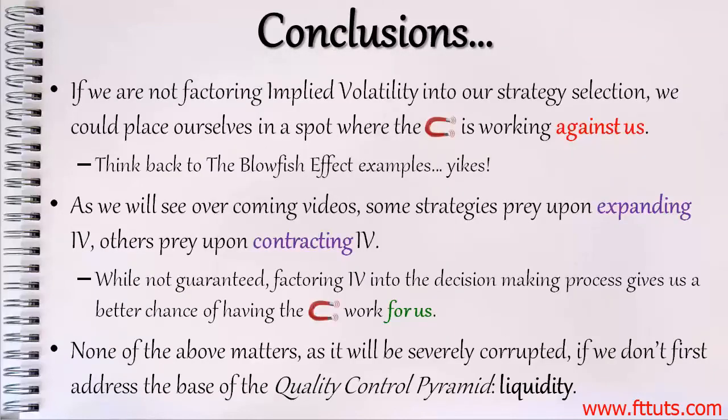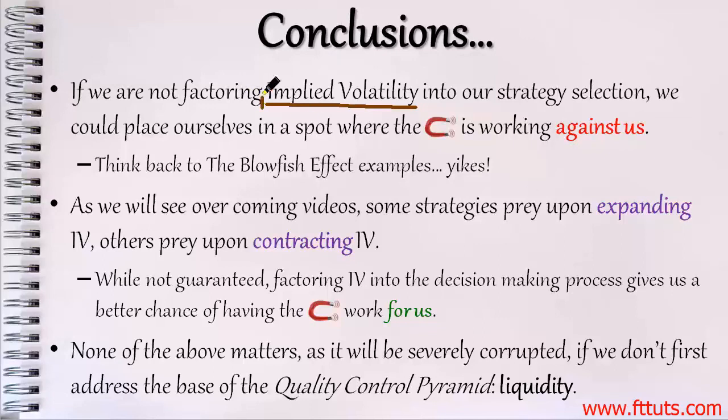And this is just going to reiterate what I've been saying, but some conclusions here from the King indicators: if we are not factoring implied volatility into our strategy selection, we could place ourselves in a spot where the magnet is working against us. And I should specify that. What do I mean by implied volatility? Do I mean it strictly as the number, or in terms of the context, meaning the IV percentile?